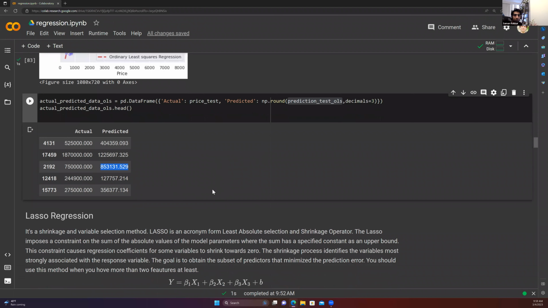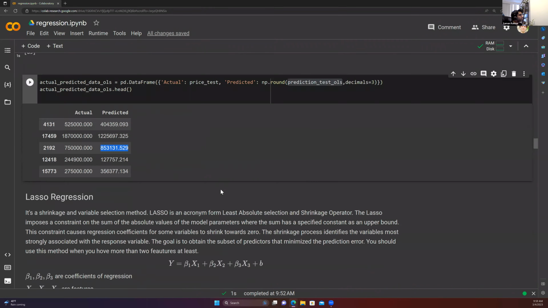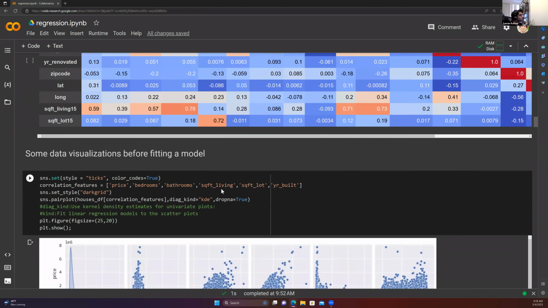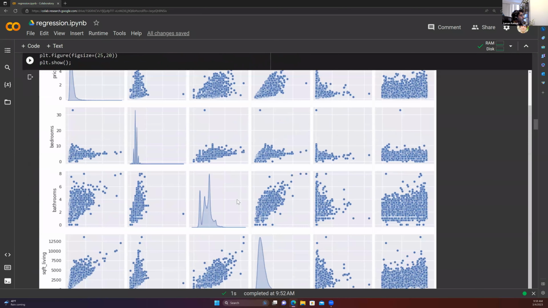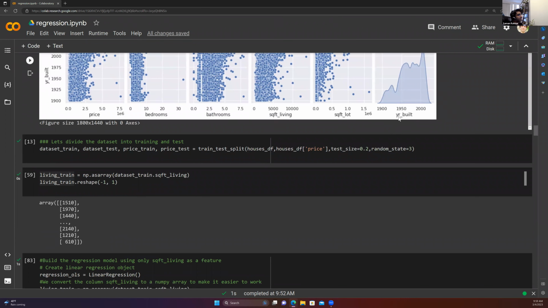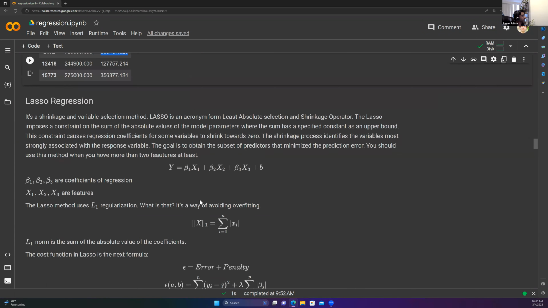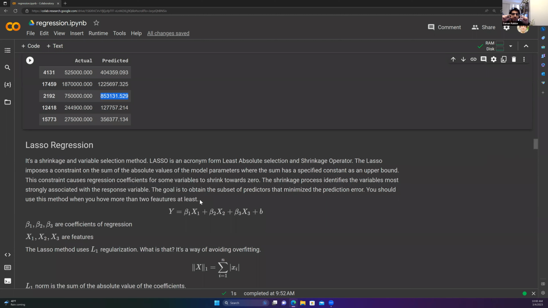But if we had more features, if we wanted to include, for example, number of rooms or the year that the house is built and so forth, we would have more features. So lasso regression would measure the correlation between each one of these features. It would tell you that this specific feature is really close to, for example, the other one.